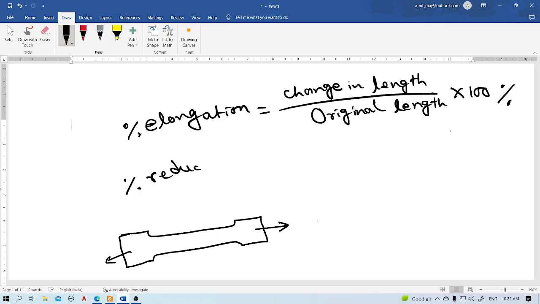So before fracture, as per ductile material, a necking occurs. Necking means what? The area gets reduced here before crack. So here area is decreasing.